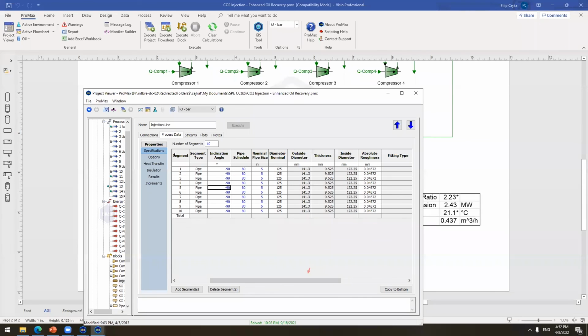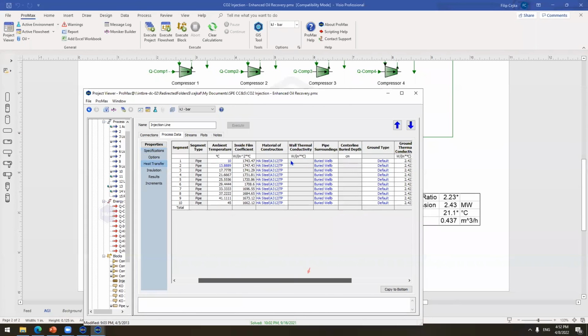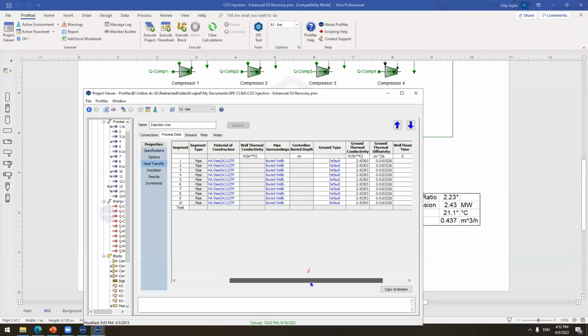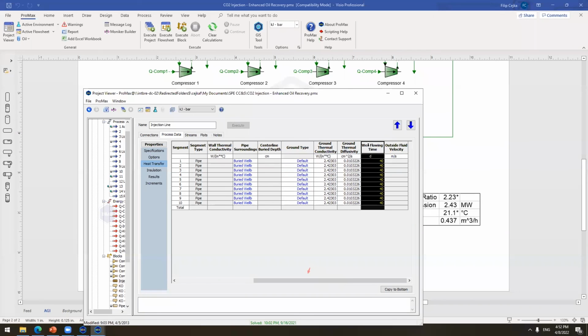And what you can see here in heat transfer is that we used a buried wellbore, and that is because it's the pipe that is going to the reservoir, and it is very important to know what the well flowing time is, because it has an impact on the heat transfer between the pipe and the surroundings.